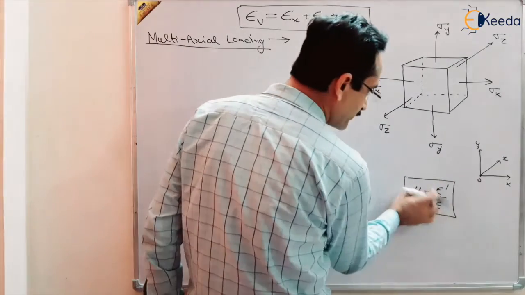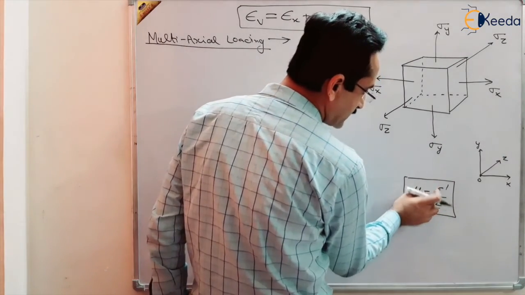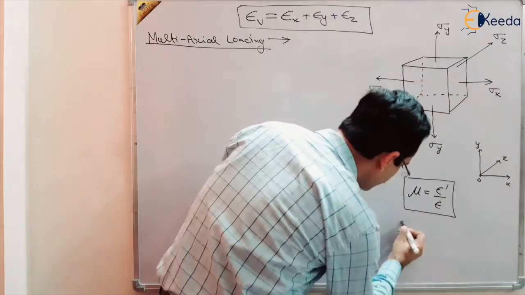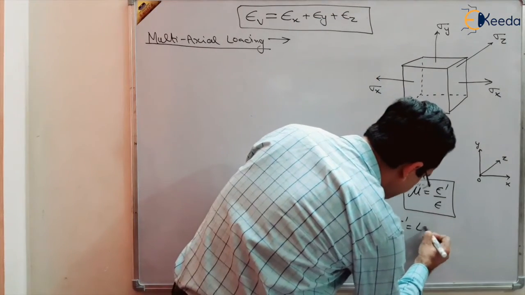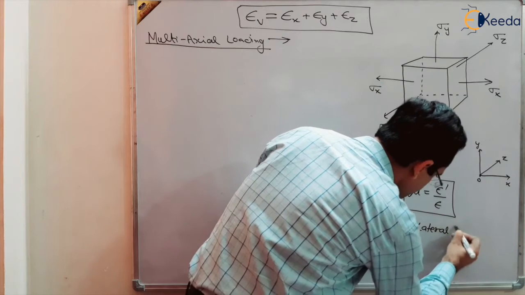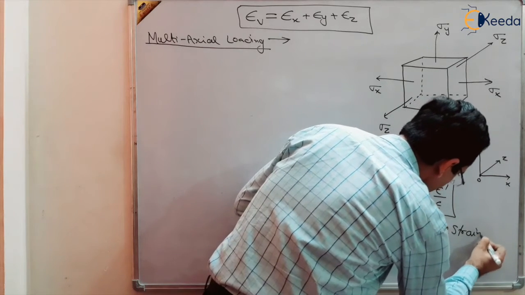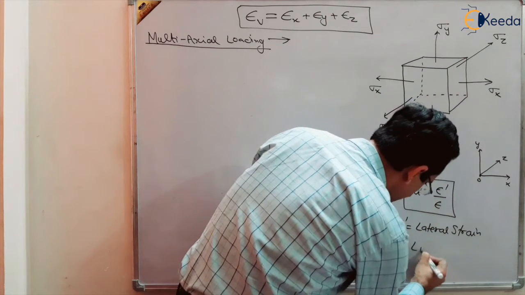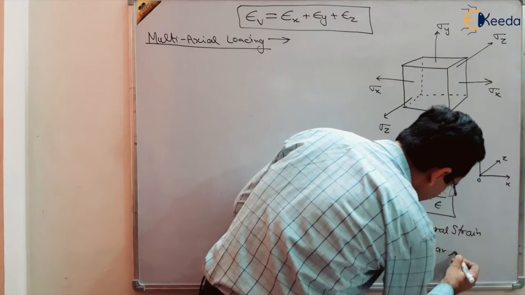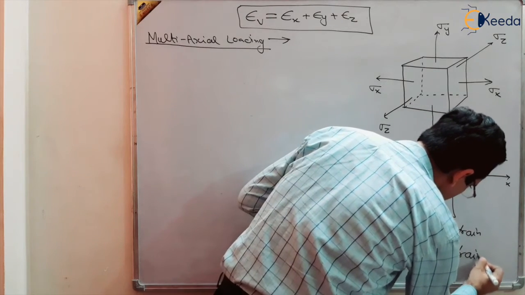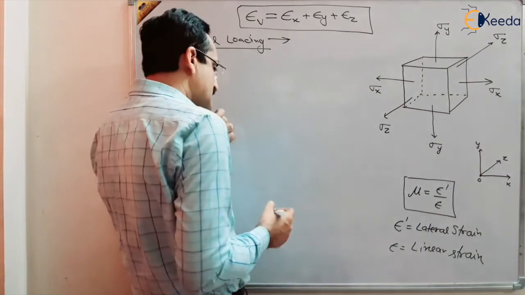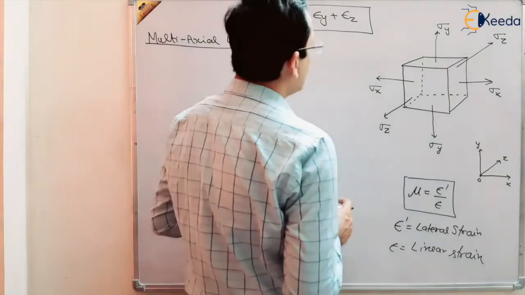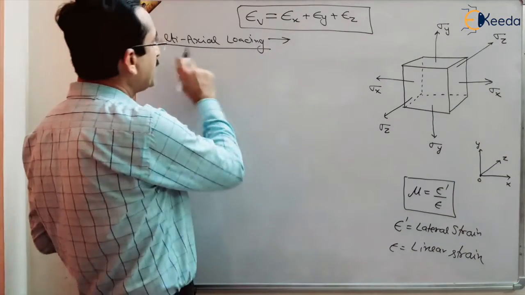Because these have opposite signs always, epsilon dash and epsilon. As you already know, epsilon dash is lateral strain and epsilon is linear strain. And we want to find out multi-axial loading.